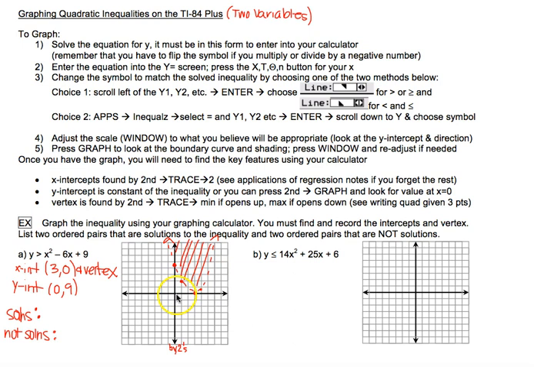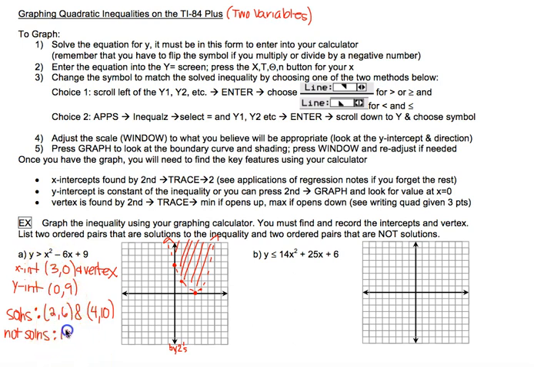So remember, we're counting by 2s on the y-axis, so I'm going to pick the point 2 and then 2, 4, 6. So the point 2, 6 is a solution. Then I could pick 1, 2, 3, 4, 2, 4, 6, 8, 10 would be right here. And again, you can pick anything that's in the shaded region. It's still going to be true.